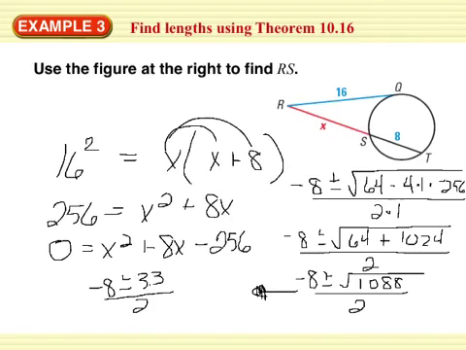Again, we have to ignore the negative. So I do the negative 8, but I don't want to do minus 33, because that would give me a negative answer. So negative 8 plus 33, divide by 2. I get 12.5. And then we check the answer in the book. And it's right. Yay!